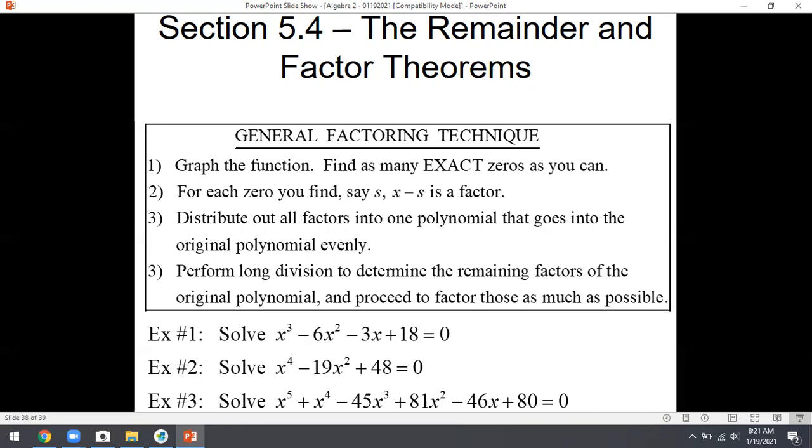That's what we just went over. If 20 is a 0, then x minus 20 is a factor. If -8 is a 0, then x minus -8, better known as x plus 8, would be a factor. So for any 0 you find, say s, where it crosses the x-axis, then x minus s will be a factor.